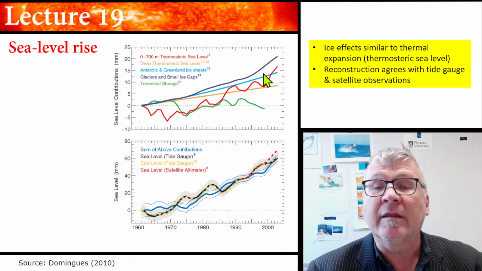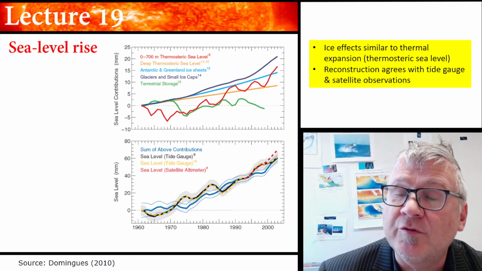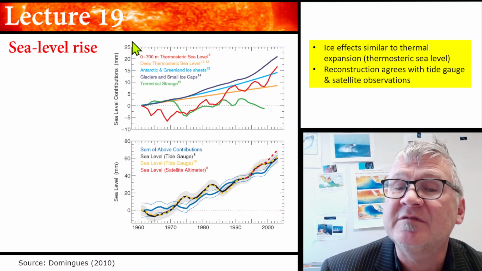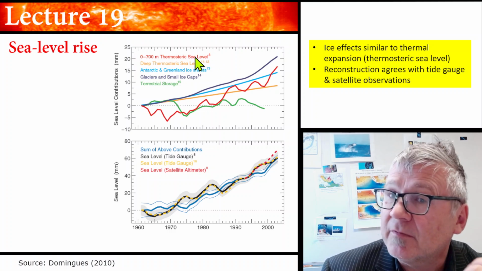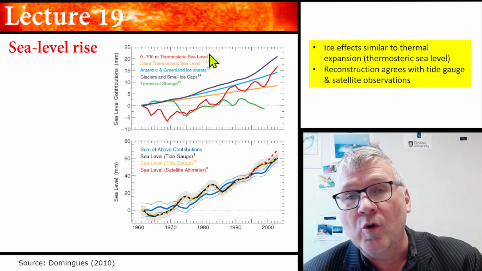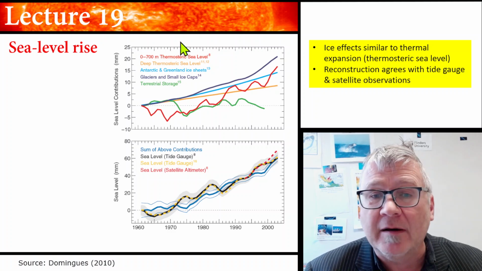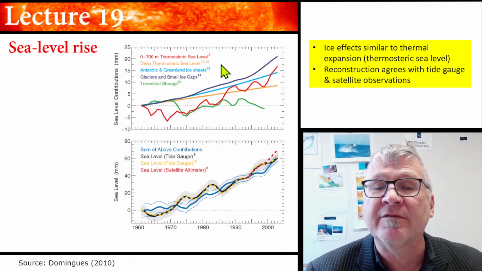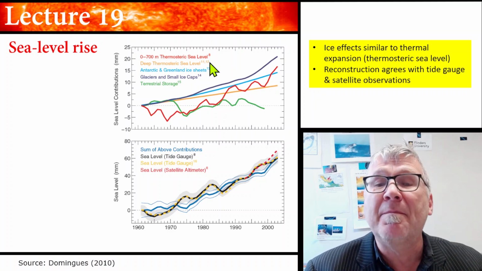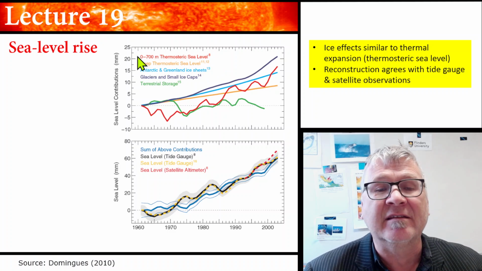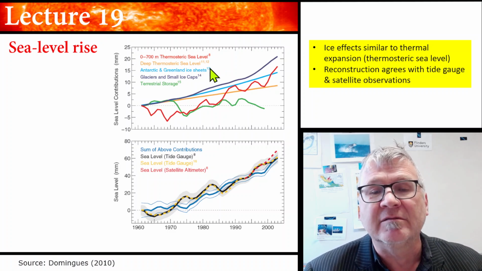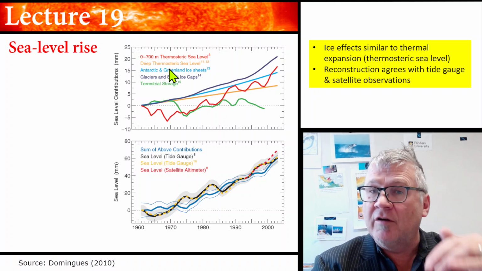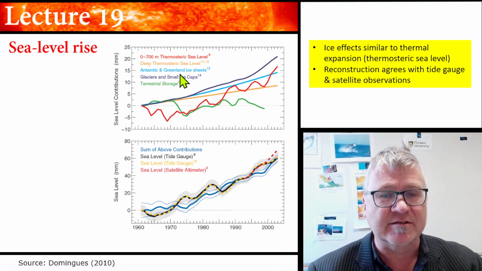And you can see sea level rise due to thermal expansion is the red curve. This is from 0 to 700 meters, because these Argo floats didn't go deeper. This is why we only have measurements to 700 meters, and the deeper parts have been estimated. The deep thermosteric sea level, it's called here, is the thermal expansion of waters deeper than 700 meters.